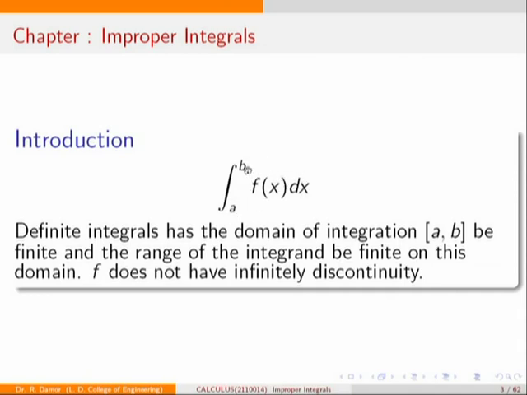So there are three things: a and b are finite, the integrand has a finite range, and f does not have infinitely many discontinuities. Only f is a continuous function.